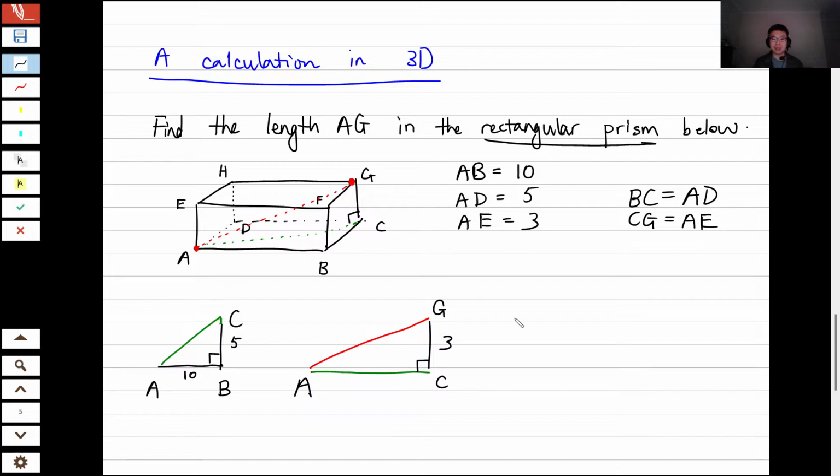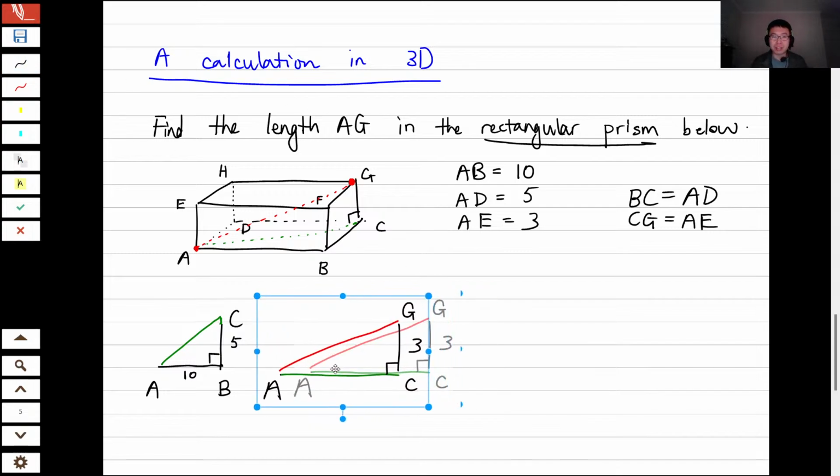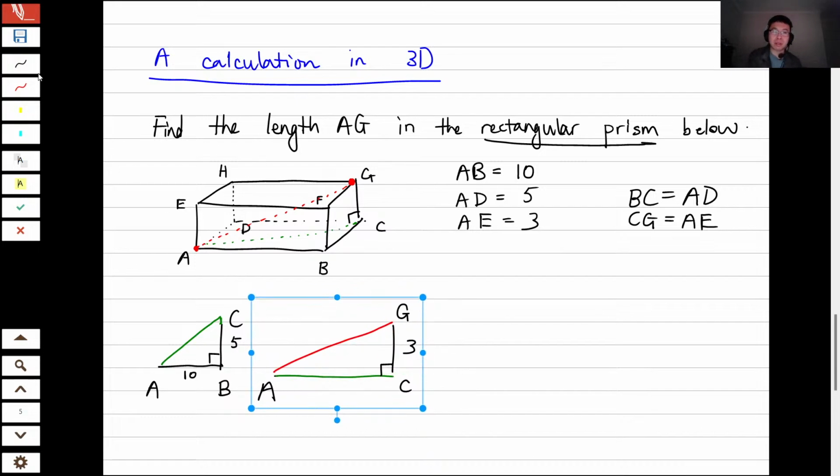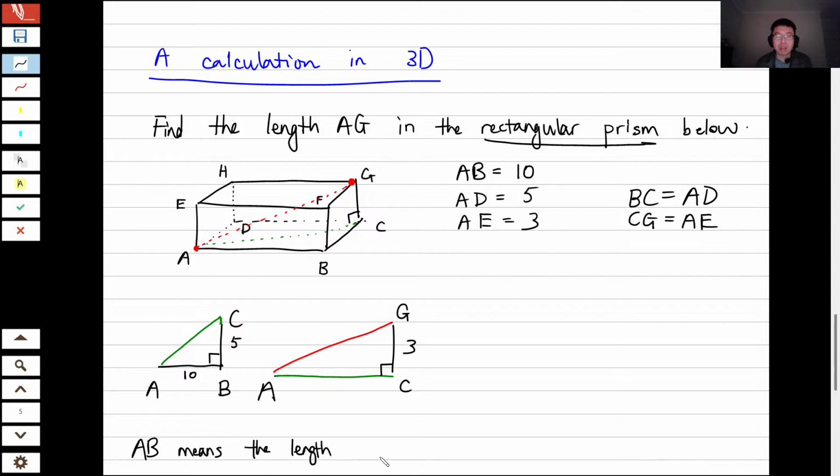Alright, so how would we write this out? I'm going to use some notation that you might not have seen before. I'm going to use AB to mean the length of the straight line joining A to B. For instance, in the first triangle, I can say AB squared plus BC squared equals AC squared.